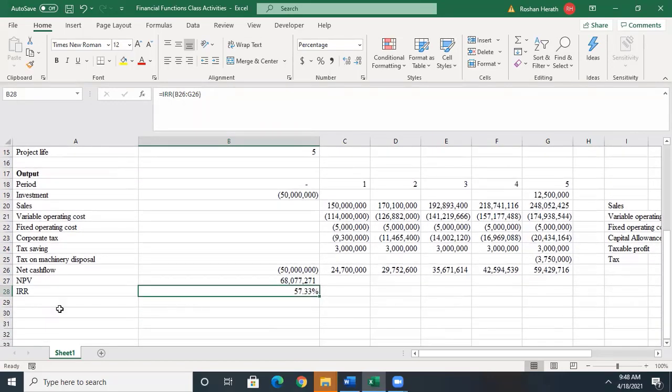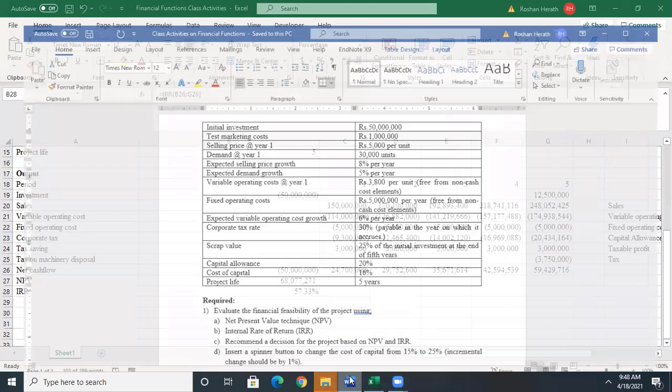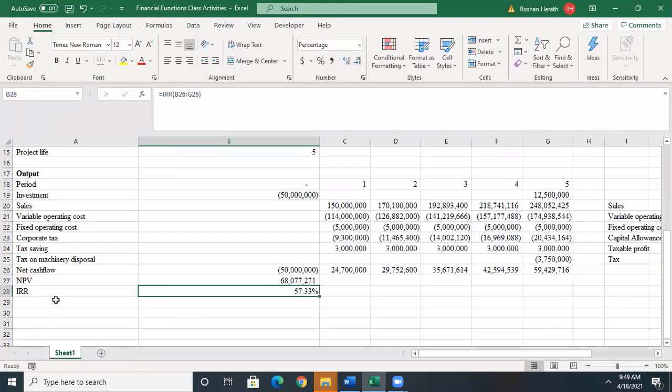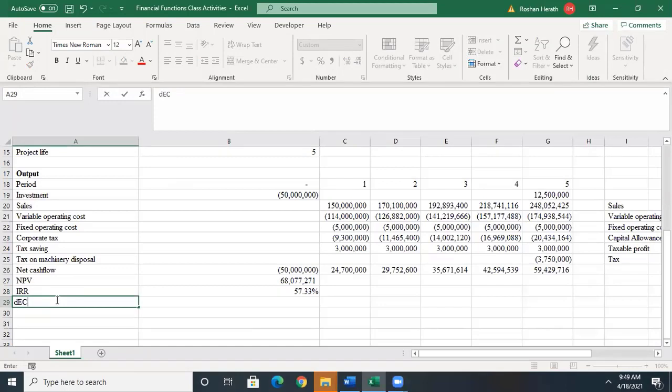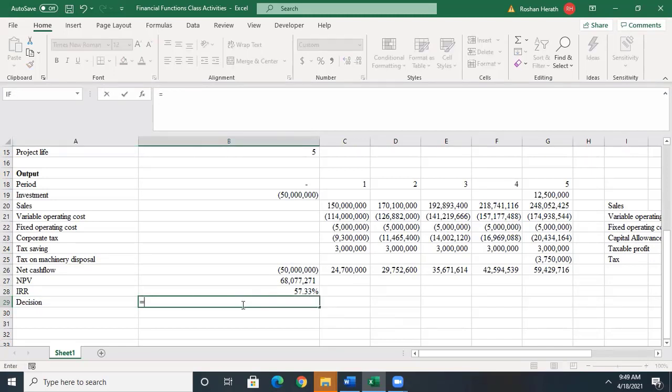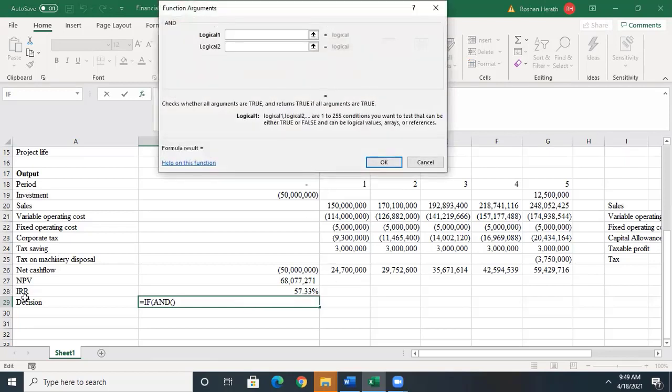Then it says to write a decision criteria-based recommendation based on the NPV and IRR. So then come to the decision. You need to take the IF function and also couple this with AND, because there are two conditions. It is not based on just one, it's based on NPV and IRR both. On one hand, the NPV has to be greater than or equal to 0.